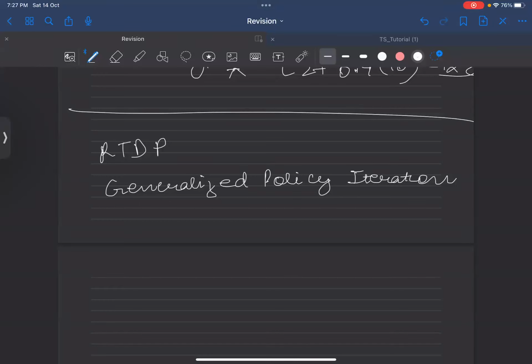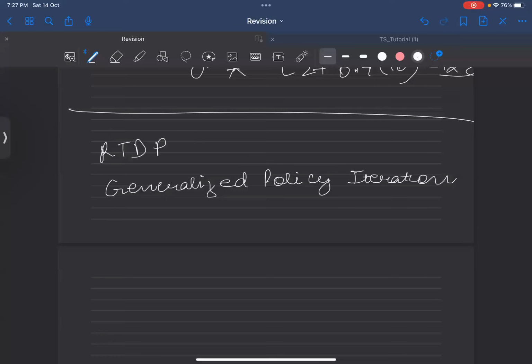So now coming to generalized policy iteration, what is that? It is asynchronous kind of evaluation and improvement. I can say I'm doing partial policy evaluation and partial policy improvement in order to save computational complexity, the time, or computational effort.